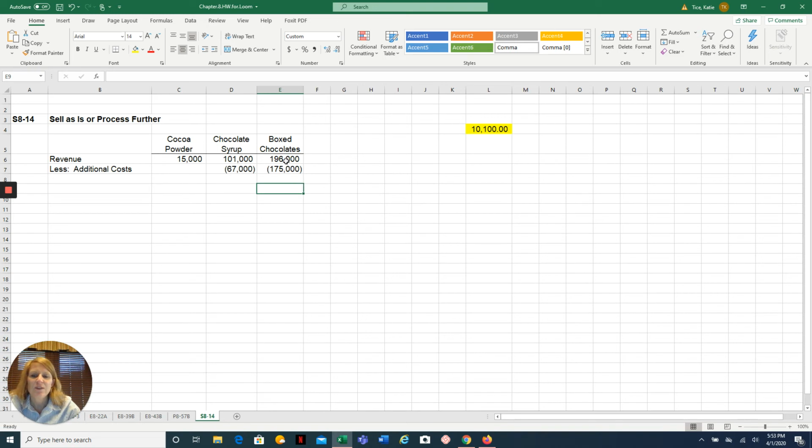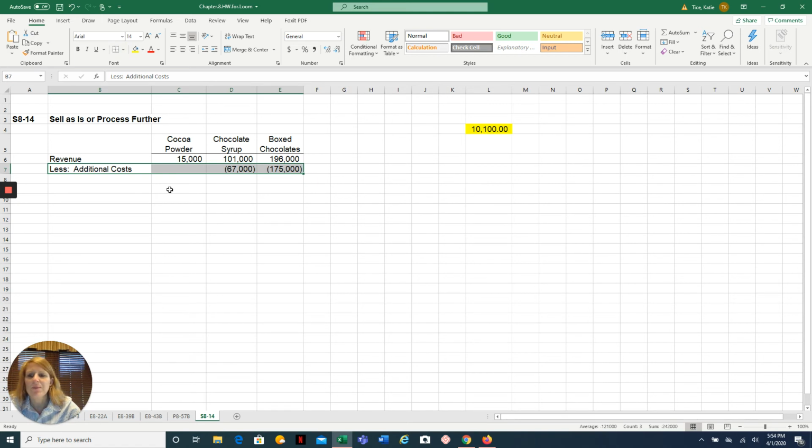So again, if we sell the boxed chocolates, we're selling them for $196,000, but keep in mind this is additional cost of $175,000. You'll notice in this problem, we actually ignored the $10,100 because regardless of which step we do, we've already incurred the $10,100 to get to the point of the cocoa powder.